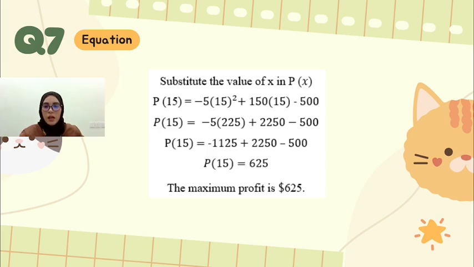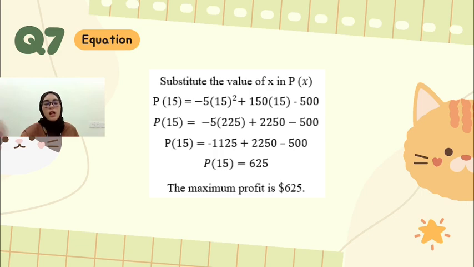So next, this is question number 2. Number 2 needs us to calculate the maximum profit. How do we calculate this? First, you substitute the value of x in P(x). You already have x equal to 15, so we put it into the profit function. P(15) equals negative 5 times 15 squared plus 150 times 15 minus 500.